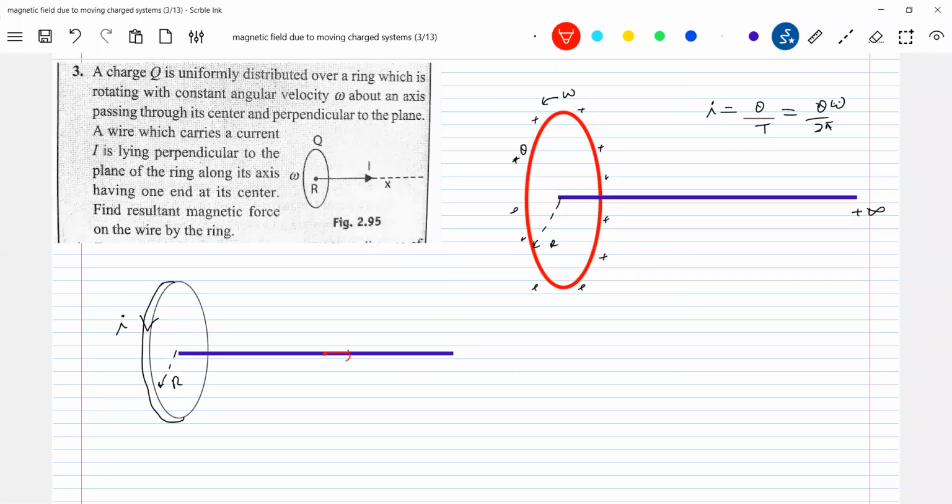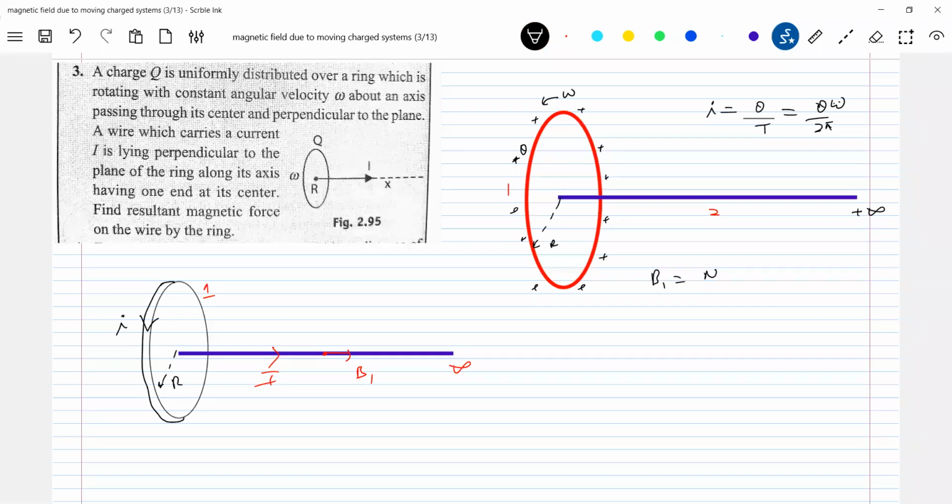So let me calculate this. This I'll call 1, and this 2. So B1 we will calculate, and the wire is carrying a current I. This is a semi-infinite wire. So first we'll calculate B1. What is the formula for B1?